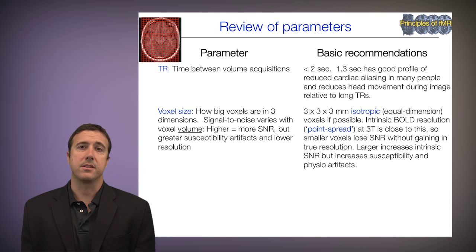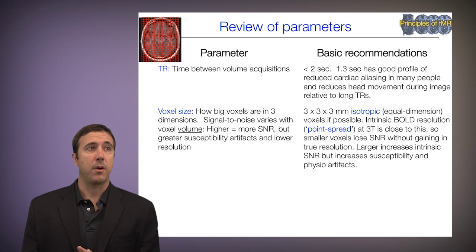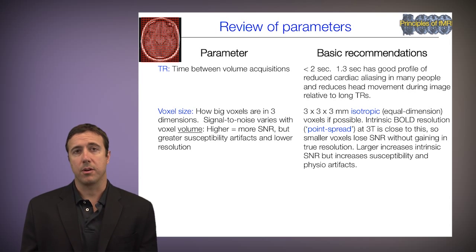And one thing to know is that the signal to noise varies in inverse proportion to the volume of the voxel. So if you have 3 millimeter voxels, that's 27 cubic millimeters, and you compare that to 1 cubic millimeter, 1 by 1 by 1 voxels, the 1x1x1 has 27 times less basic signal to noise.